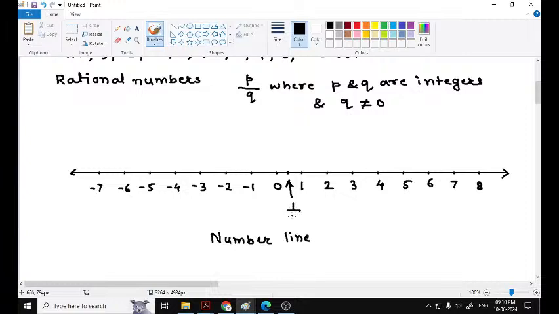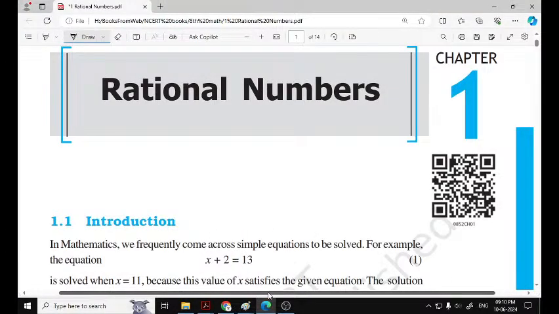This is 1 upon 2. If we write here 3 upon 2, that is also rational number. So 1 by 2, 3 by 2, these are rational numbers because these numbers in numerator and denominator are integers, and number in denominator is other than 0.